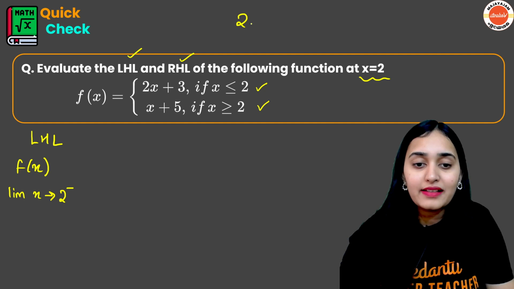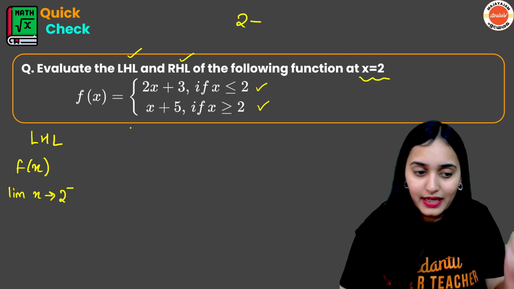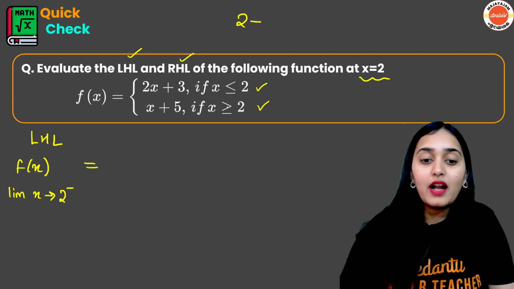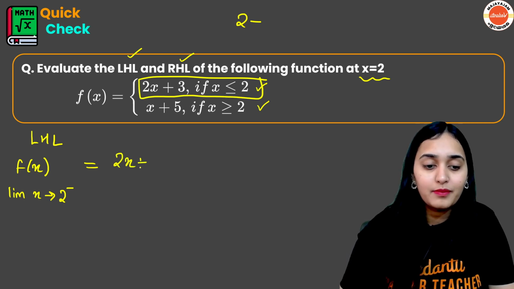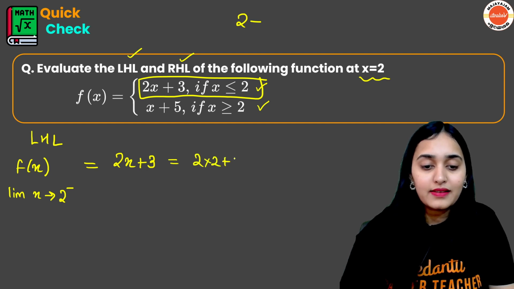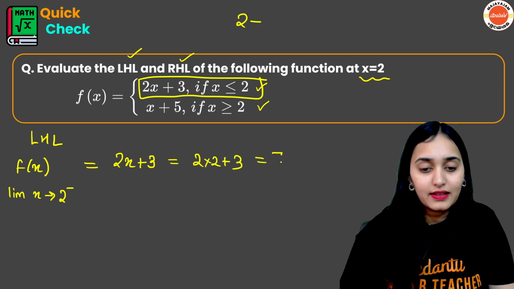If you subtract something from 2, it will be smaller than 2, right? So 2 minus will be what? Less than 2 value. For less than 2, the function is 2x plus 3. 2x plus 3 is basically 2 into 2 plus 3. 2 2s are 4 plus 3, 7.